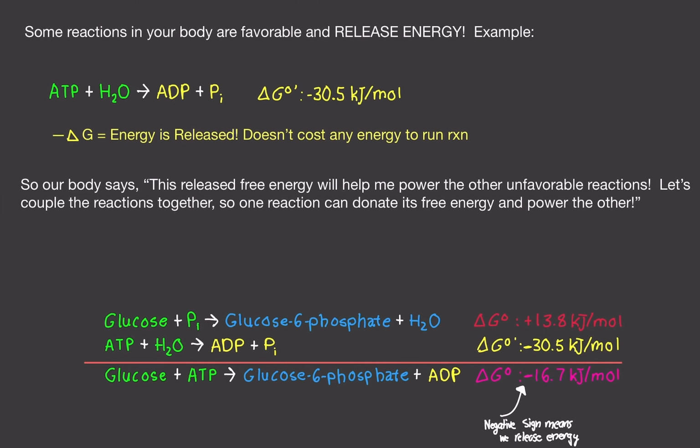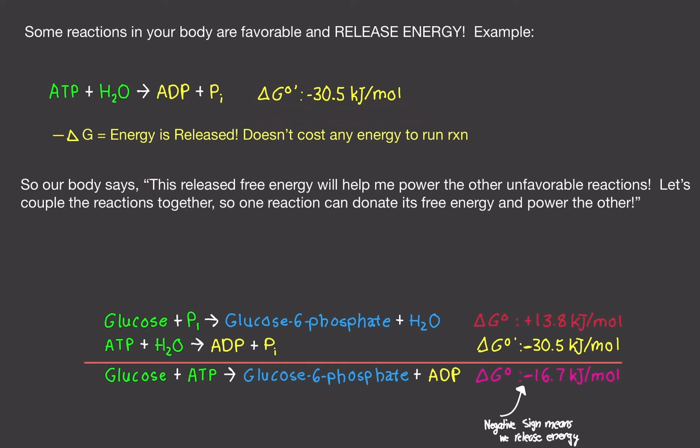So, our body is basically saying, well, this released free energy will help me power the other unfavorable reactions in our body. Let's couple the reactions together so that one reaction can donate all of its free energy and power to the other, which is this. This is free energy. That's what delta G means.